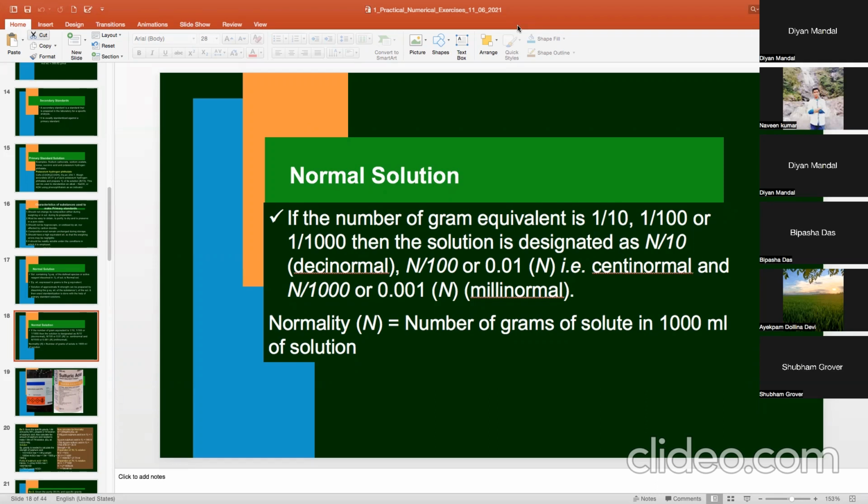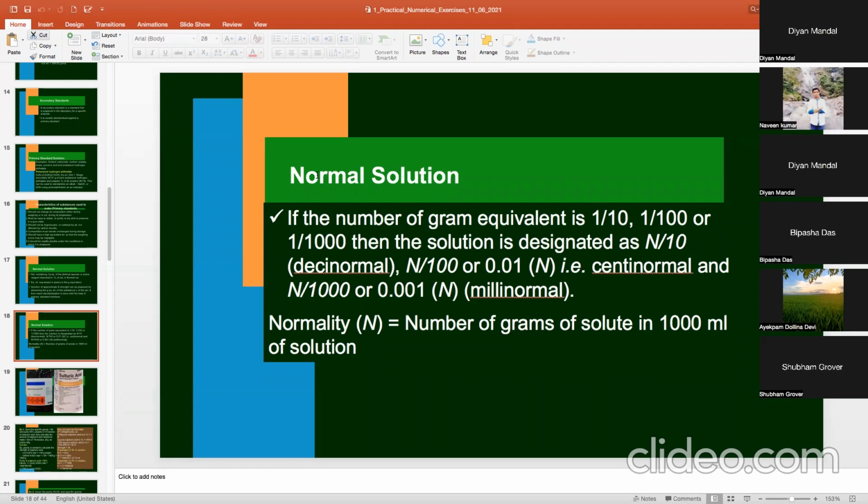Sir, 1 normal solution means there will be 49 grams of sulfuric acid. Good. If it is 36 normal, then it will multiply by 36. Very good, super. So that is the simple meaning. It is not rocket science, because one normal means 1 gram equivalent is dissolved in a liter of solution. Similarly, if you have 36 normal, that means 36 times the gram equivalent is dissolved. You said that for sulfuric acid, the gram equivalent is 49 grams.